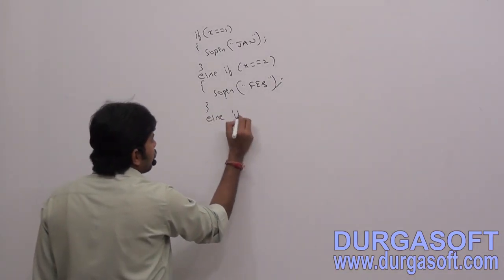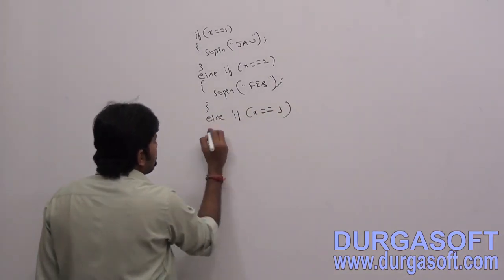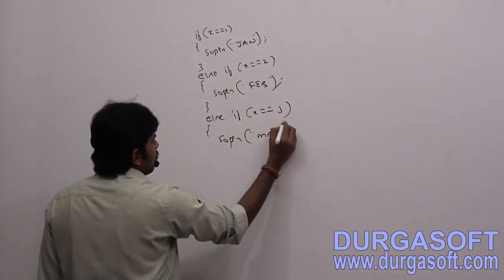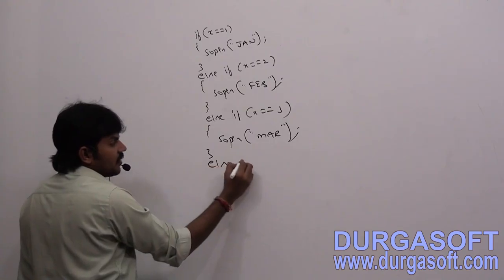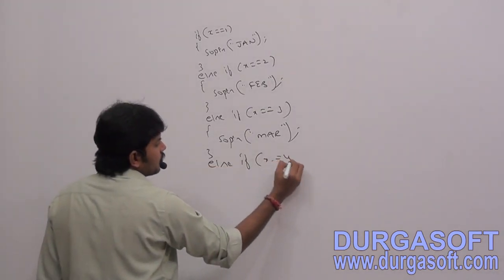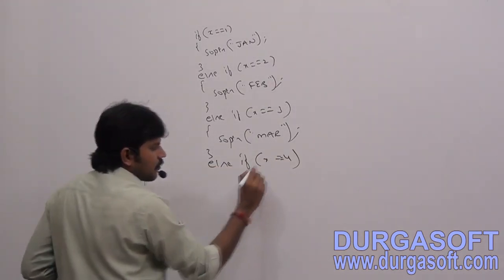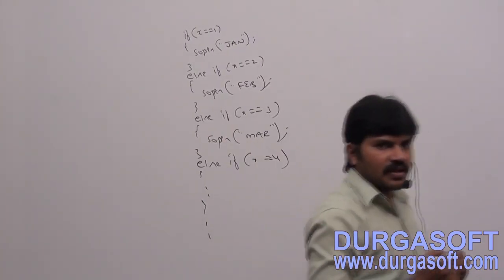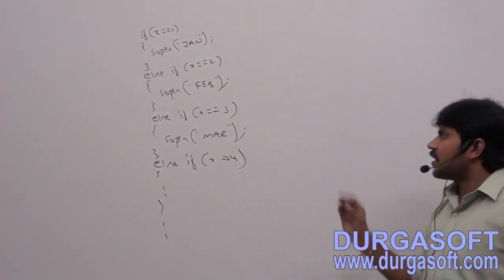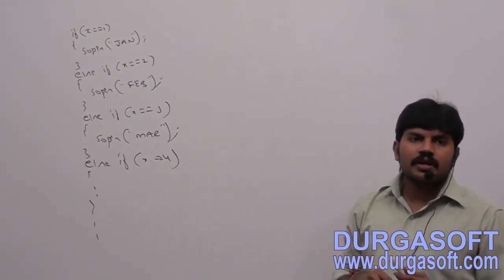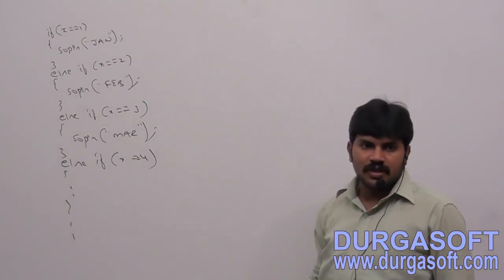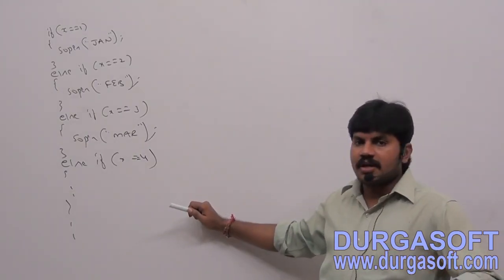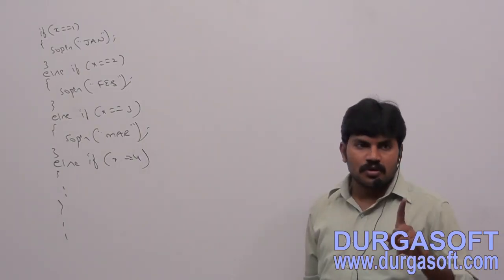Else if x is equal to 3, System.out.println of March. Else if x is equal to 4, and so on. If several options are there, it is never recommended to use nested if else, because the readability of the code is going to go down.